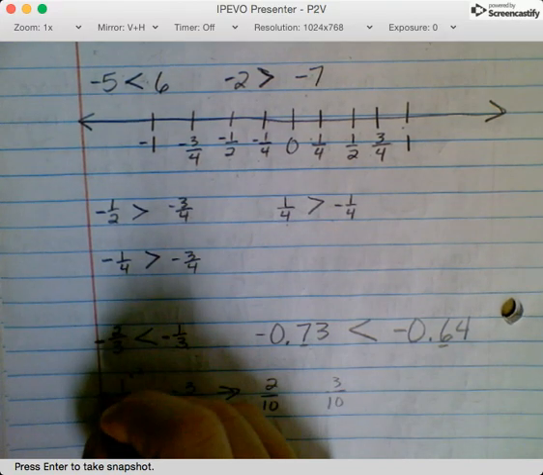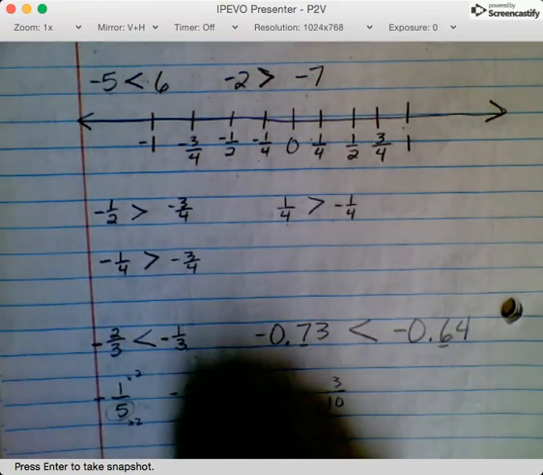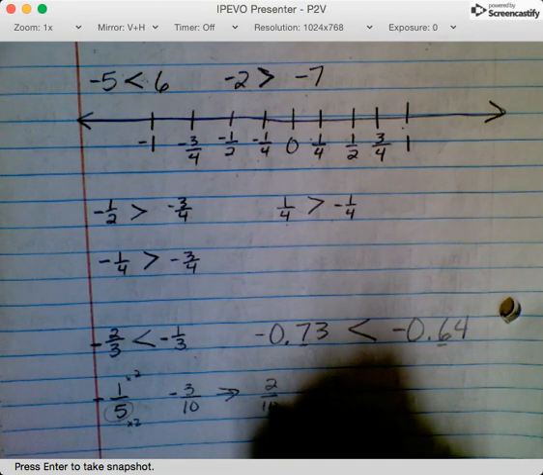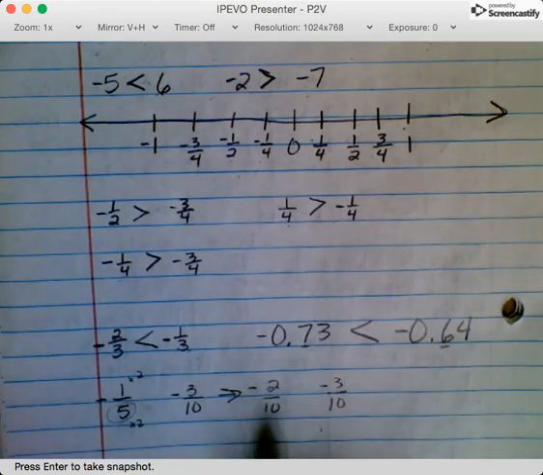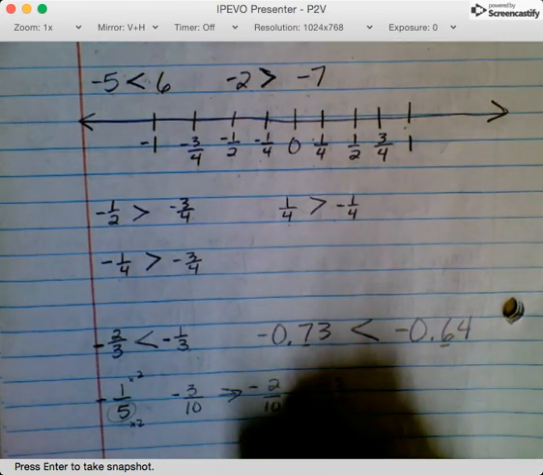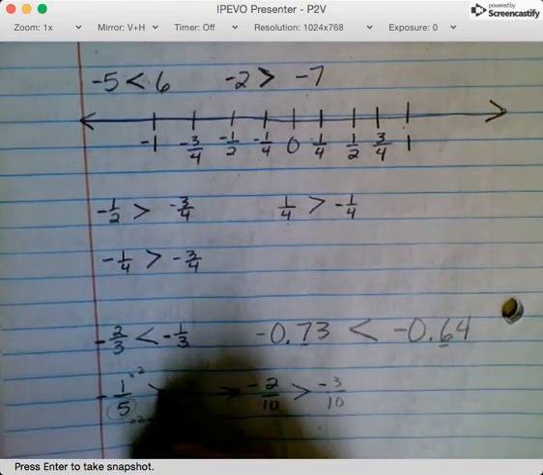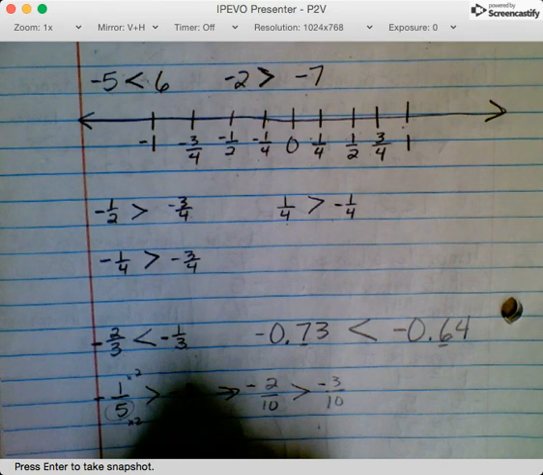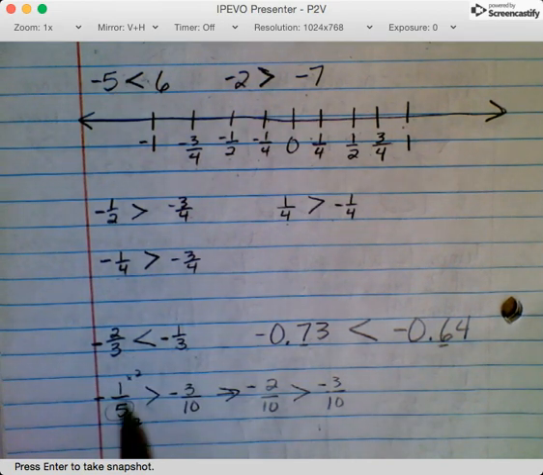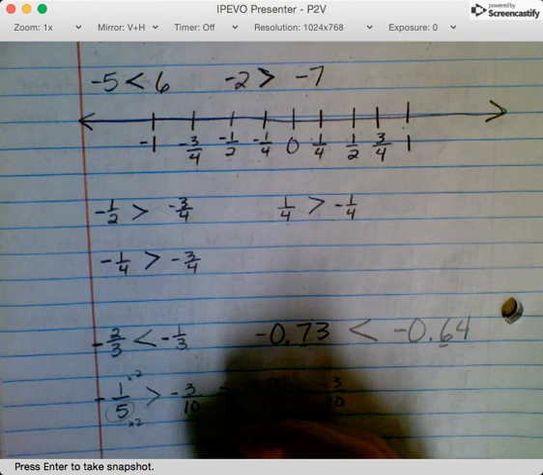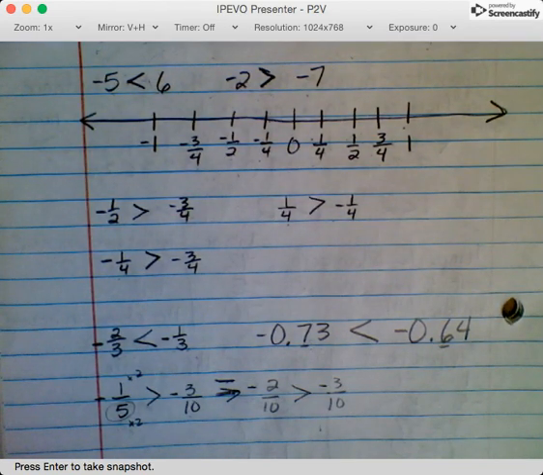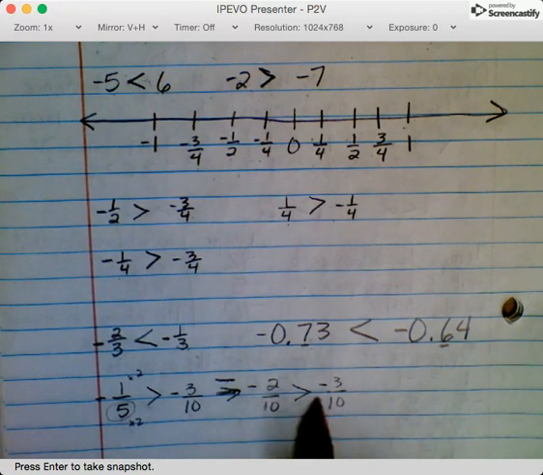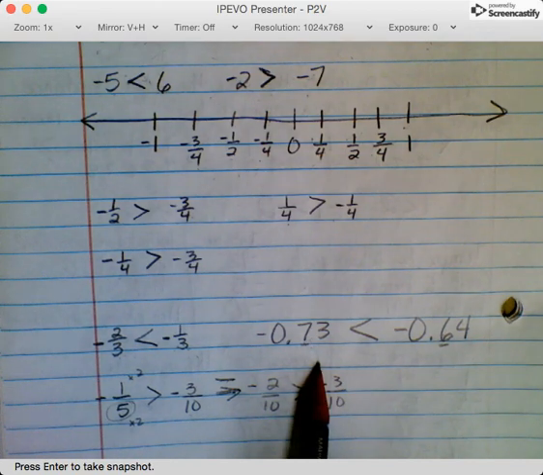And I'm going to put negative signs in front of them. So normally 2/10 is smaller, but since I put a negative sign on them, the -2/10 would be larger. So -1/5 is greater than -3/10. Okay, I'm going to put an equal sign because these both show the same thing. I just had to change them to equivalent fractions.